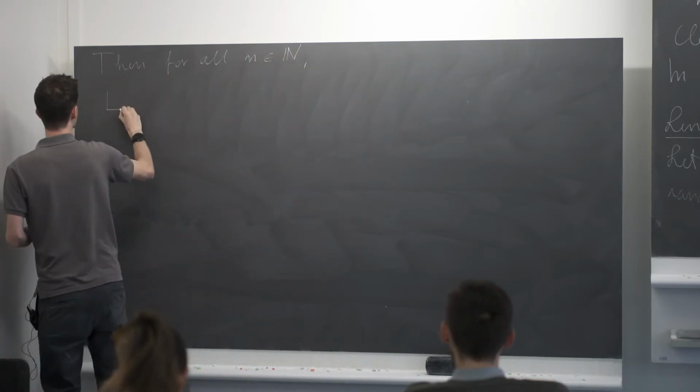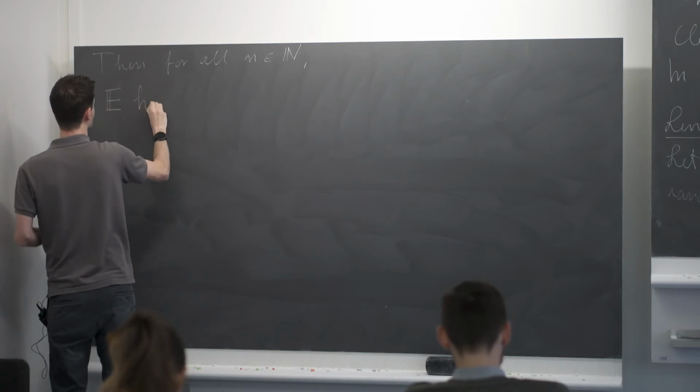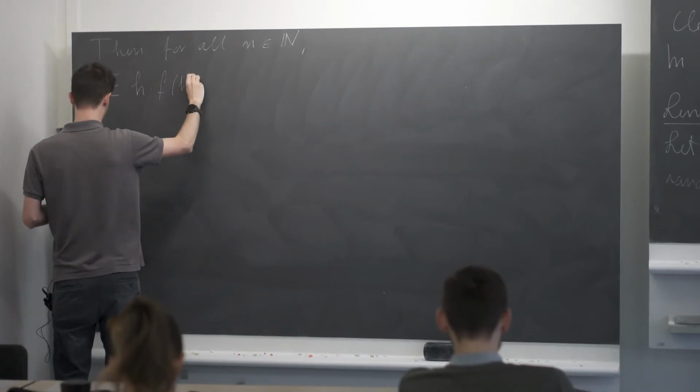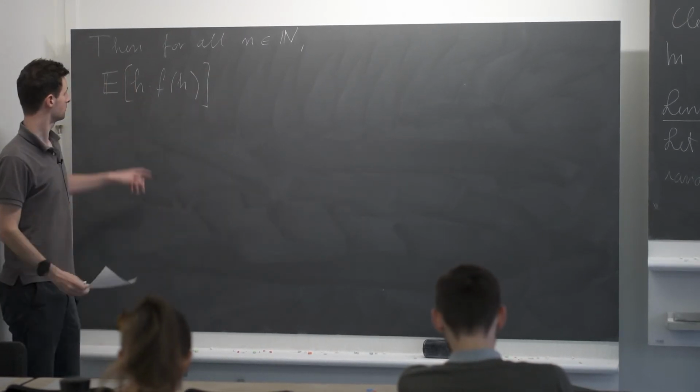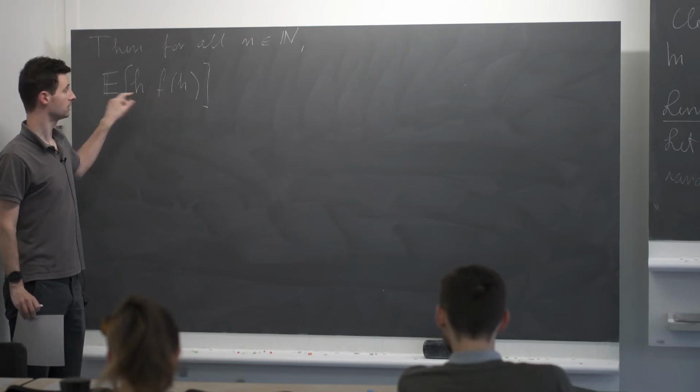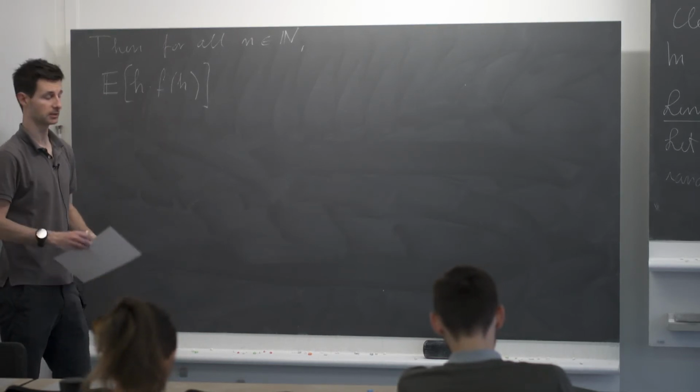And the expansion computes the following thing. So you take your function f of h, you multiply it by h, and you take the expectation.